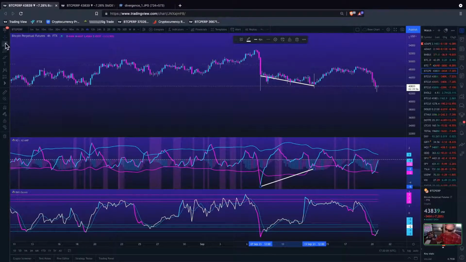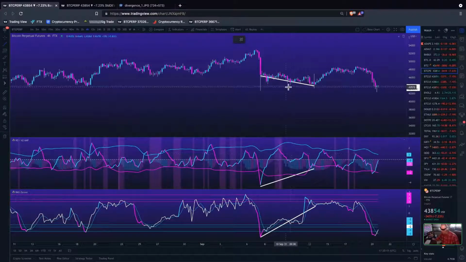Yep, did play out though. Beautiful. And the Z-score actually on both of them. That's why, I mean, there was bull div building all the way. You see all these little up moves, boom, boom. These were building. You can see the higher lows on both of the oscillators here.